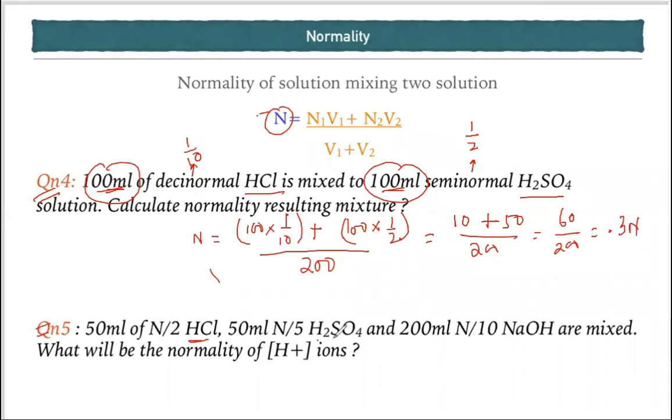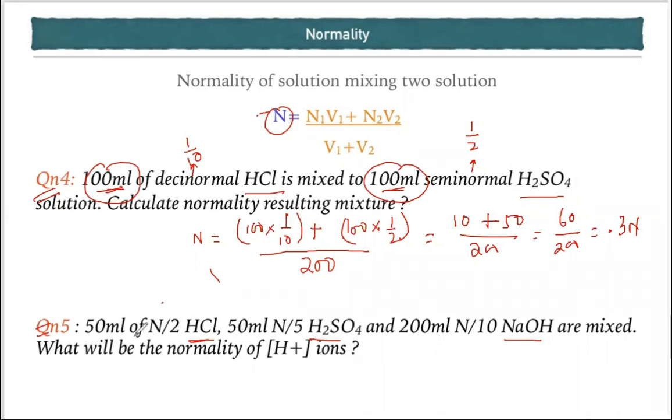The question is asking about mixing hydrochloric acid, sulfuric acid, and base, sodium hydroxide. So how to solve this type of problem? Whenever such numericals are given, try to multiply the volume and normality and find out the number of equivalents. If the number of equivalents of acid is more than that of base, then subtract acid minus base.